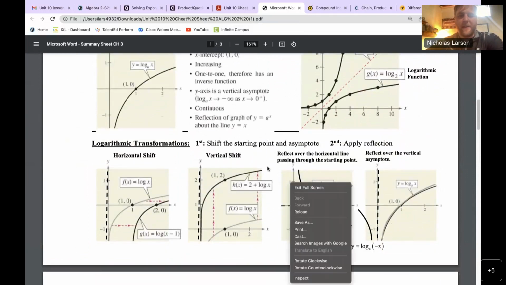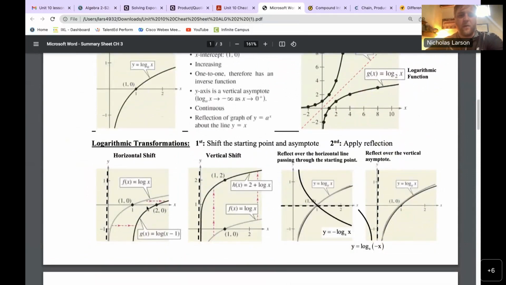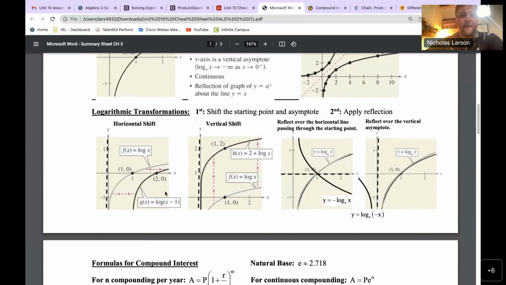Kind of the same deal, okay? We can do horizontal shifts by affecting the number that's inside of our log, inside of our parentheses. Subtracting 1 moves it to the right one. Vertical shifts are done outside of the log, which is very similar to the exponential function.